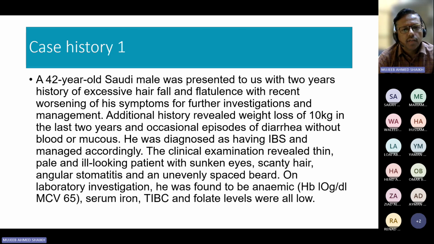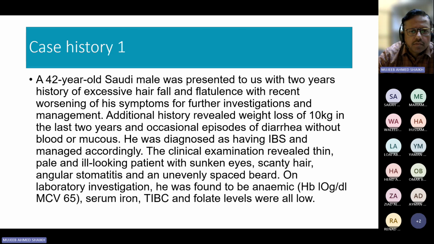So he came for further investigation and management. Additional history revealed that the person lost 10 kg in the last 2 years, with occasional episodes of diarrhea, without blood and mucus. He was diagnosed as having IBS.